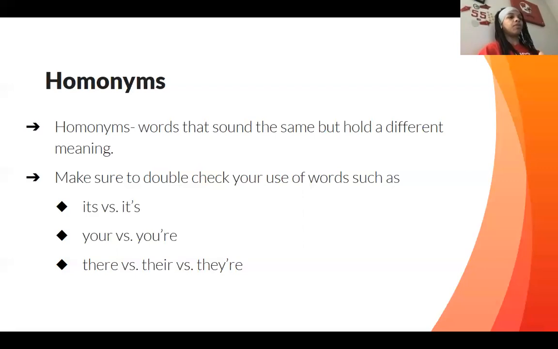If the object of the sentence, or whatever you're talking about, belongs to somebody, you're going to use THEIR. And then, much like your and you're, the last one, THEY apostrophe RE, stands for they are. So if there's a bunch of kids outside, you would say they're playing outside or they're playing basketball.